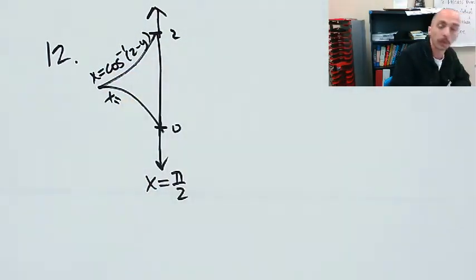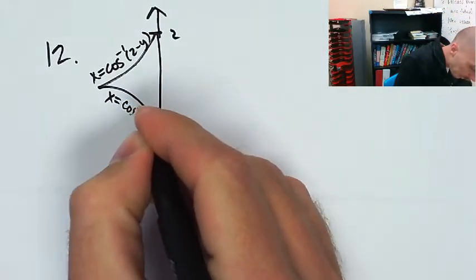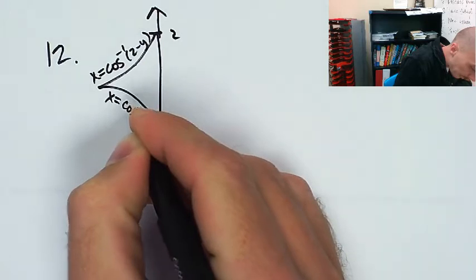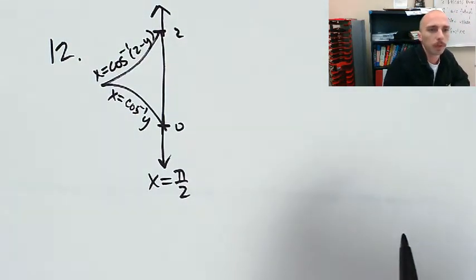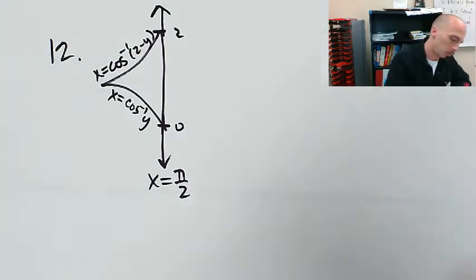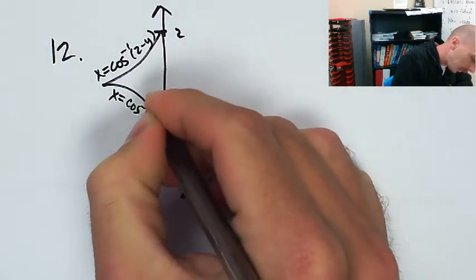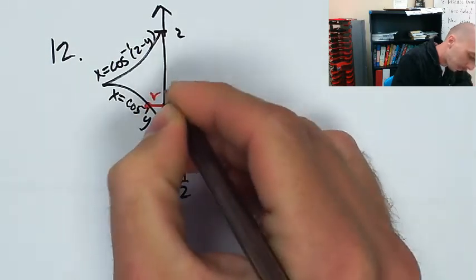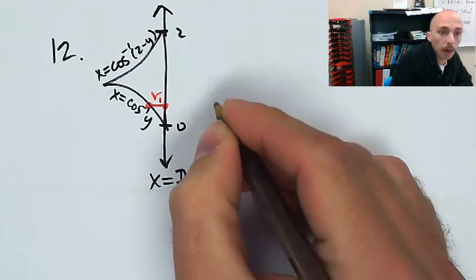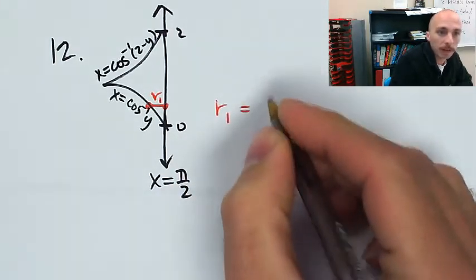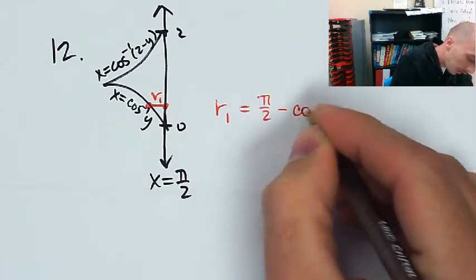Because that's the curve y equals cosine x, so x equals arc cosine of y. So from 0 up to 1, I'm going to have this as my radius. Radius 1 is equal to right minus left, which is pi over 2 minus arc cosine of y.